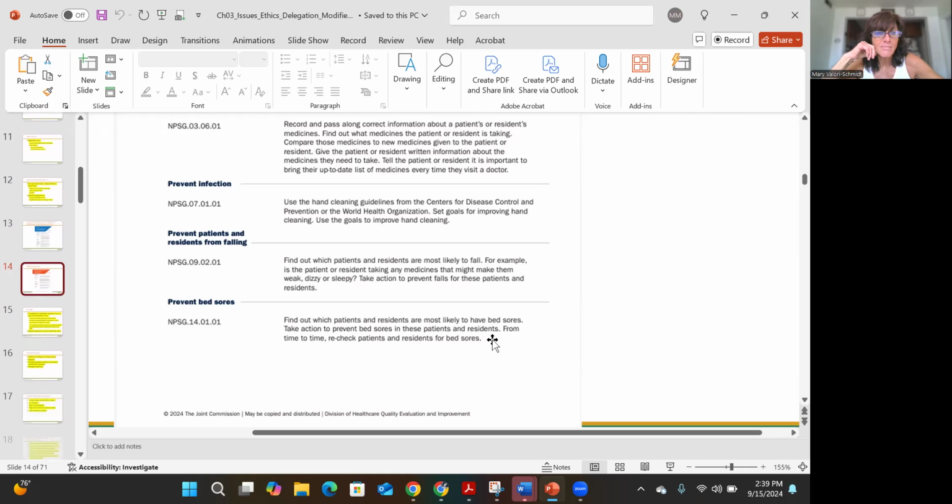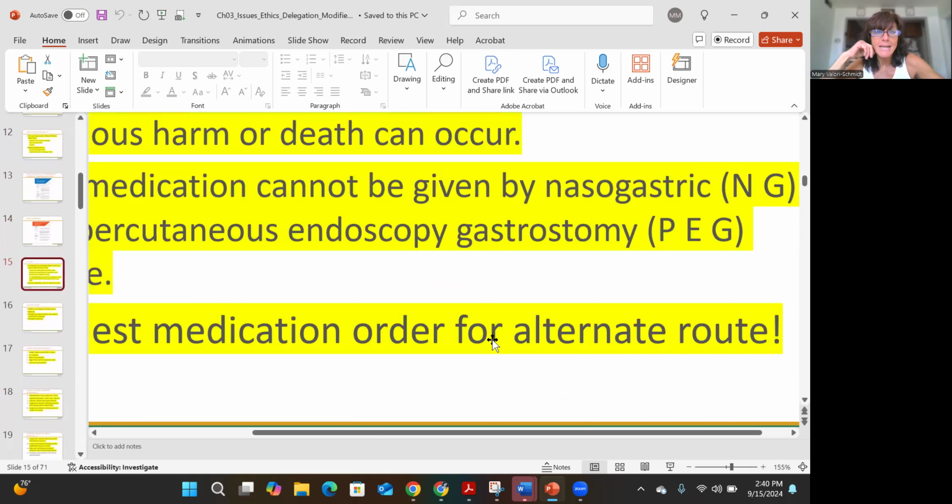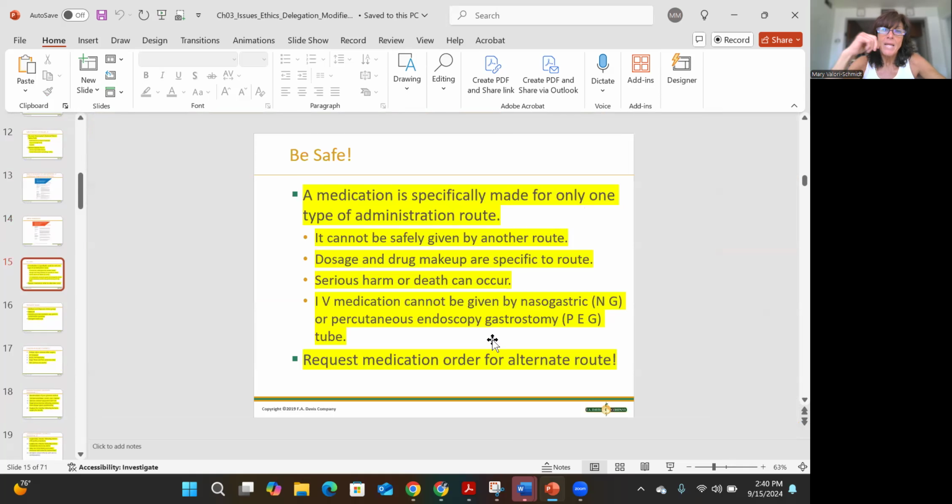Okay. Right. Next. Oh, let's put this back. Again, with medication safety, if a med is to be given by mouth as a pill, it can't be given a different route. If a med is a liquid, if a med is meant for an IV or meant for an IM, you cannot give those meds by a different route than they were intended.